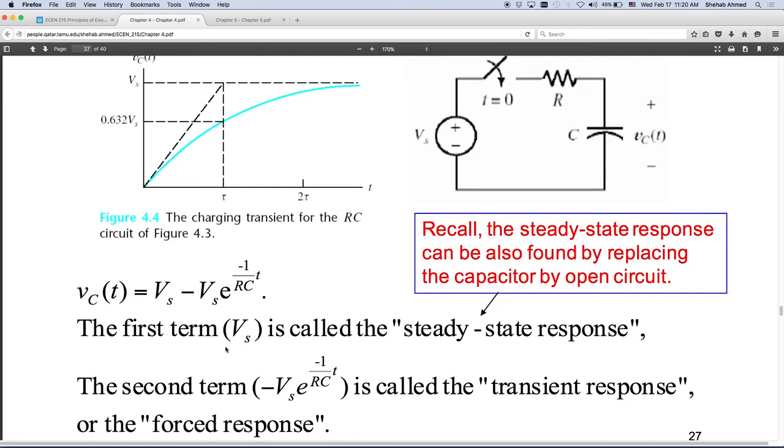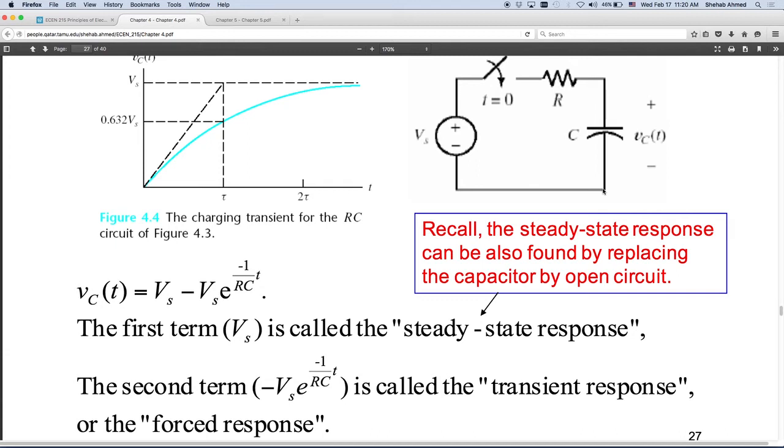The first term, they give it the name steady state response because we know that we're going to end up with the value of Vs in steady state, right? In steady state, the capacitor is an open circuit. If the capacitor is an open circuit, what is the voltage across these two terminals? Remove the capacitor and measure the voltage.